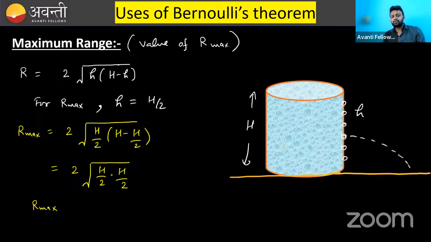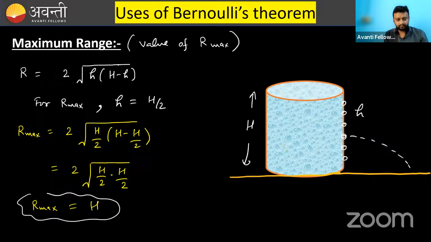The 2 and 2 will cancel, and the square root of H square will be H. So R max is equal to H. So what is the maximum range? Maximum range is equal to the total height of the liquid filled in the container.